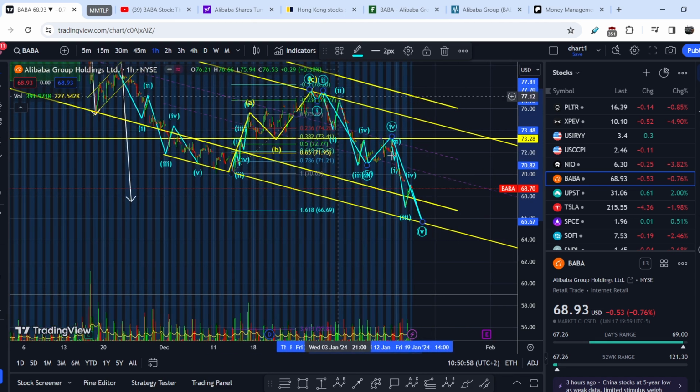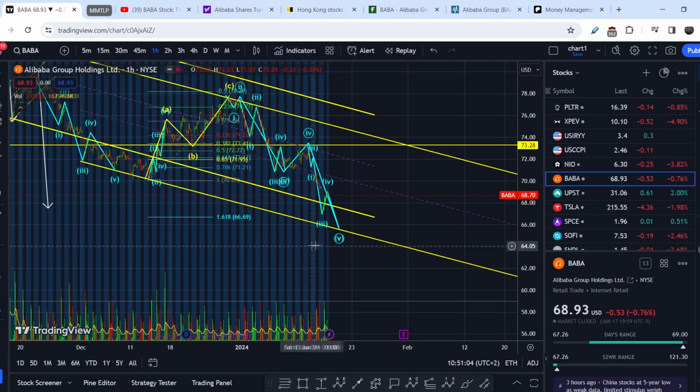And from this range, we will have an opportunity to at least see a bounce from this top to this bottom.